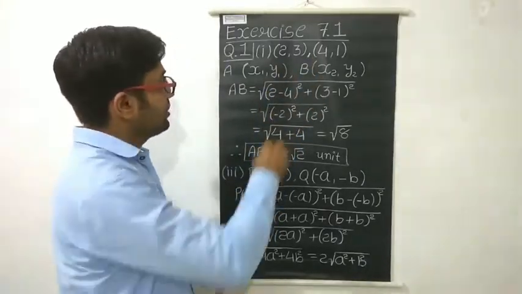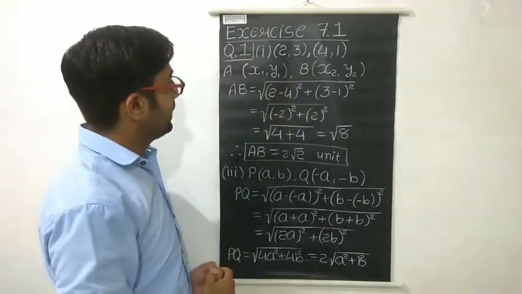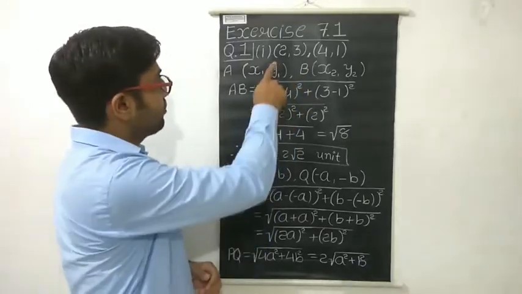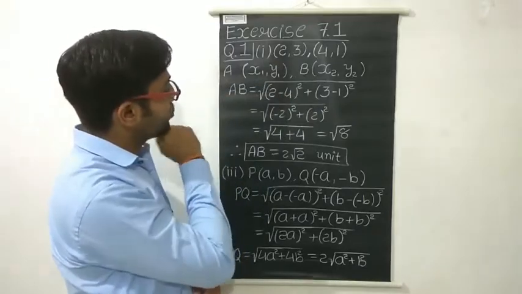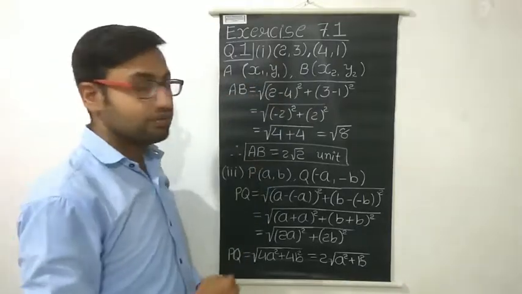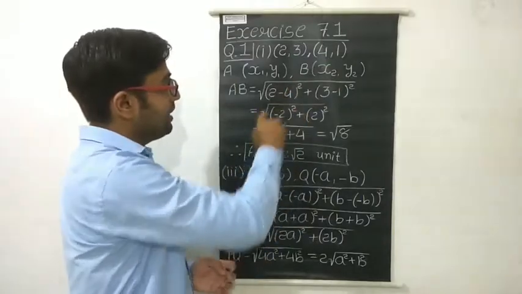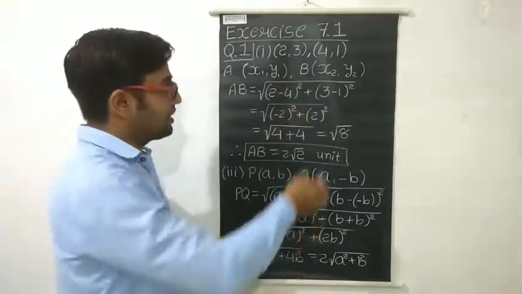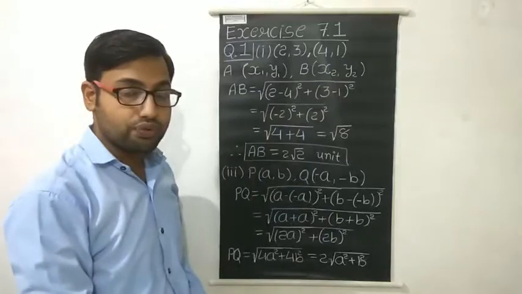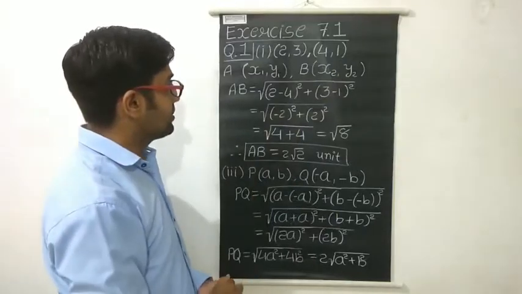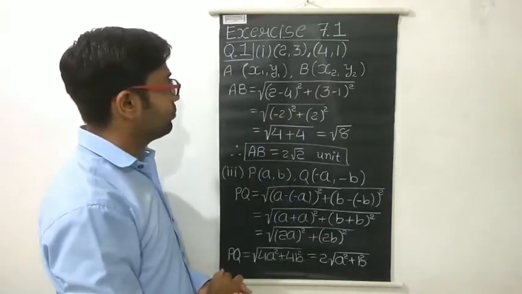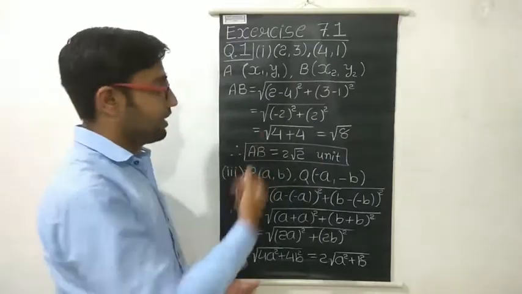To find the distance between these two points, let us give them names. The first point is suppose A and its coordinate is (x1, y1). In the same way, the second point, let us name it point B and it has the coordinate, let's suppose (x2, y2). So according to the distance formula, we have to put the values of the coordinates.